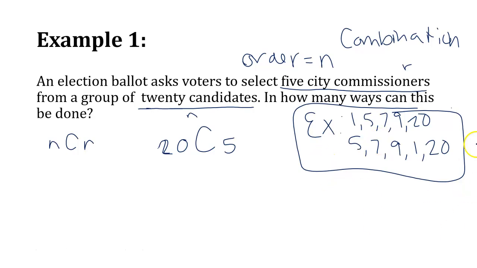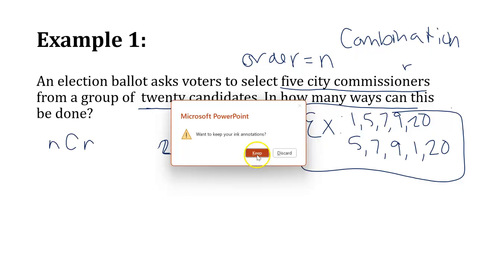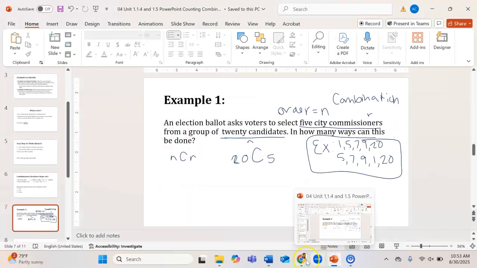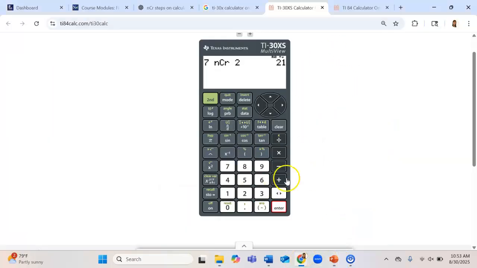So let's plug it into our calculator using the steps from the previous video, but I'll show you one more time. If we're using the TI-30 or TI-33, it'll be very similar. We type in our number, the 20, and then here we have probability, go down to NCR, and then type in our 5.